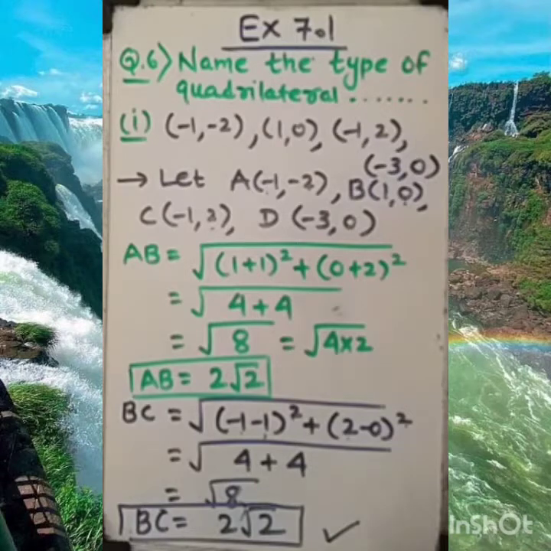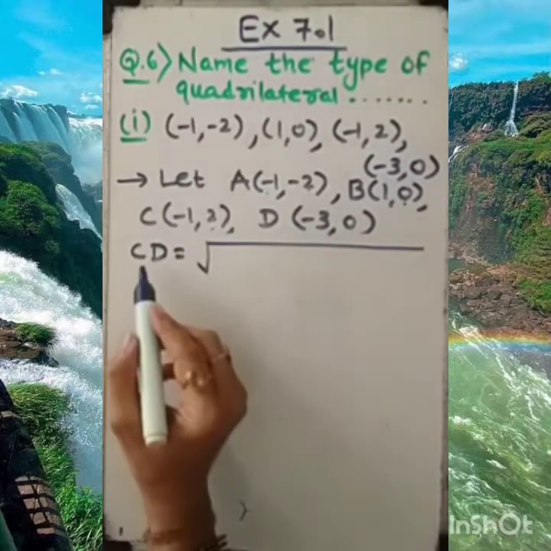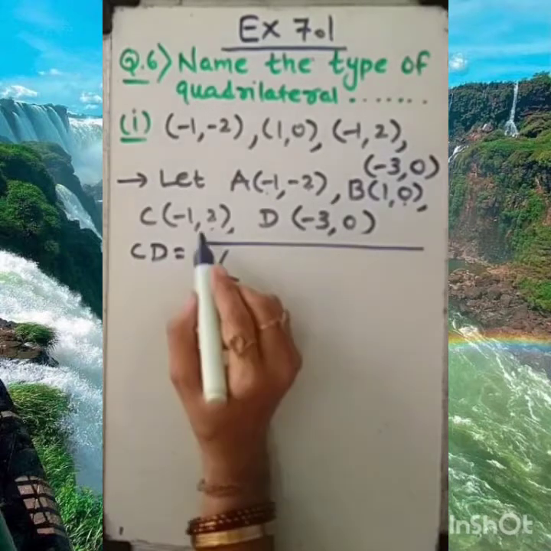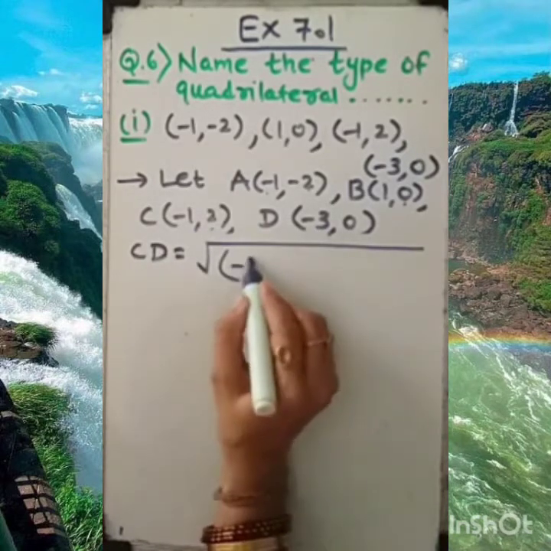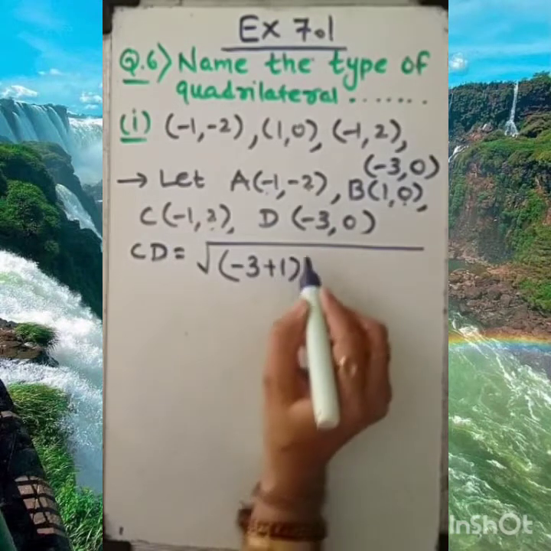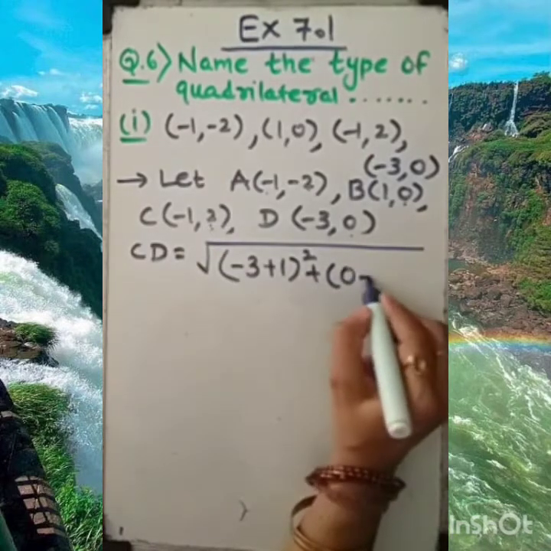So two sides are becoming equal, but that is not enough. We need to find the third side and the fourth side also. So let's work on that. Now we are finding CD with the distance formula. It will be minus 3 minus 1 here, and this side 0 minus 2 whole square.